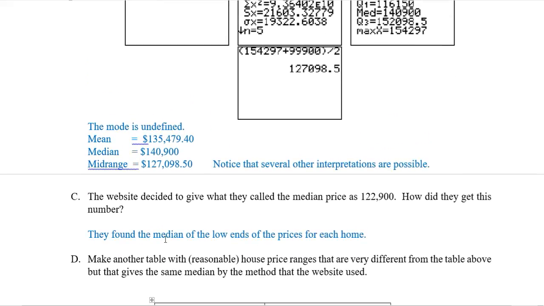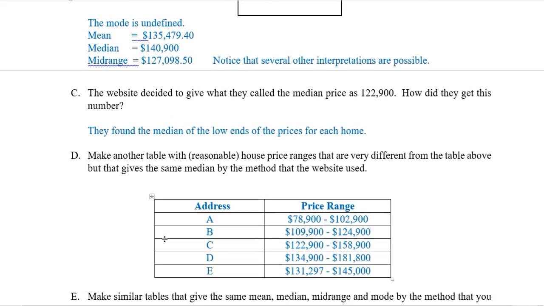So here's a challenge for you. See if you can make another table with reasonable house price ranges that are very different from the table above, but gives the same median by the method that the website used. Here's one example. Here's some ranges of houses. If you use this method of taking the low ends and doing the median, you get 122,900.